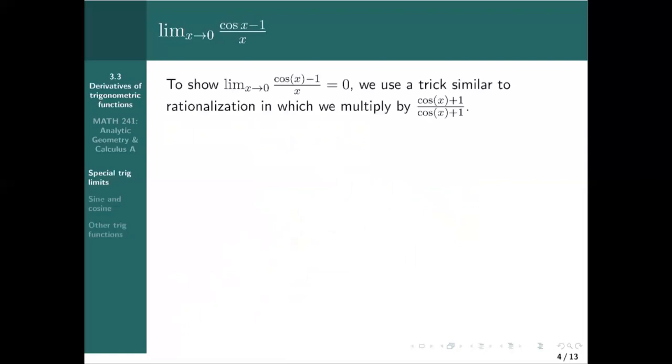To show that the limit of cosine of x minus 1 over x as x goes to 0 is equal to 0, we are going to use a trick that is similar to rationalization. Rationalization is just another expression for multiplying by the conjugate. So we are going to multiply both the numerator and the denominator of this function by cosine of x plus 1.